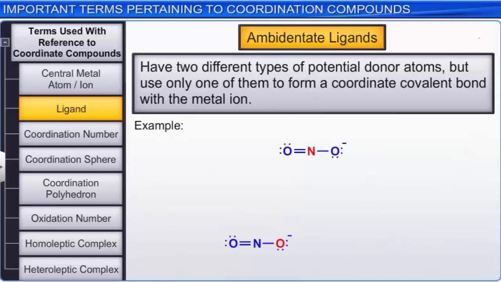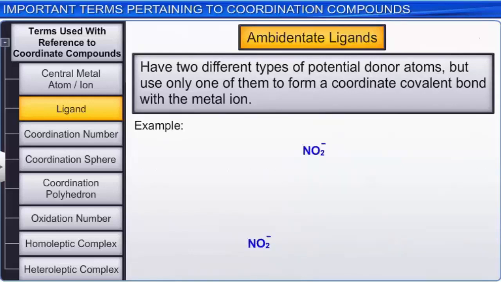So what is nitrito-N? Here nitrito-N means the nitrogen atom donates a pair of electrons to the central metal ion. Such ligands are called what? Nitrito-N. In nitrito-O, the oxygen donates a pair of electrons to the central metal atom or ion.